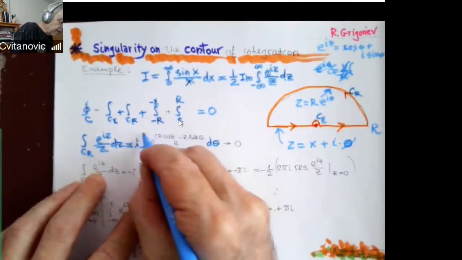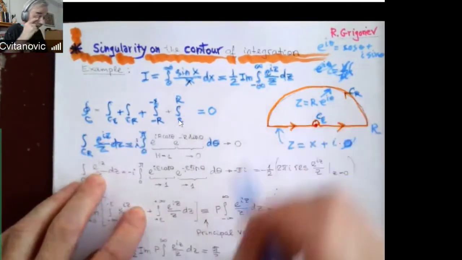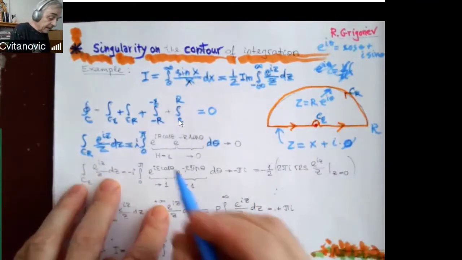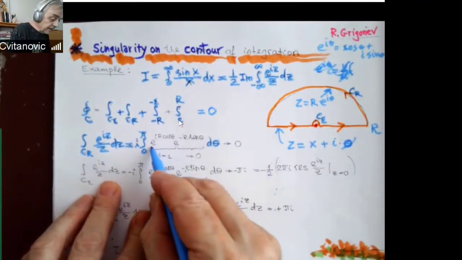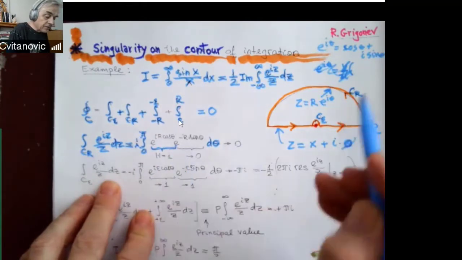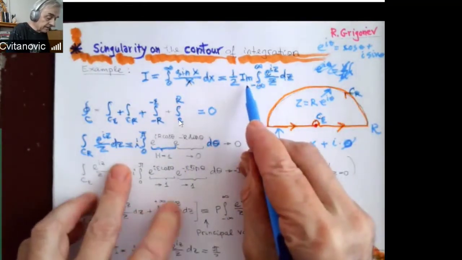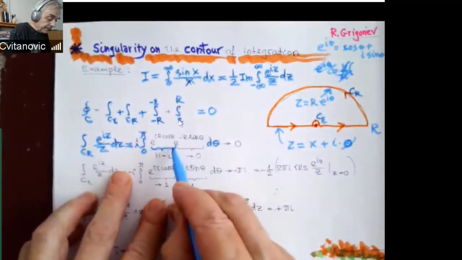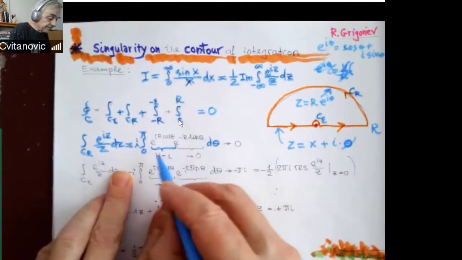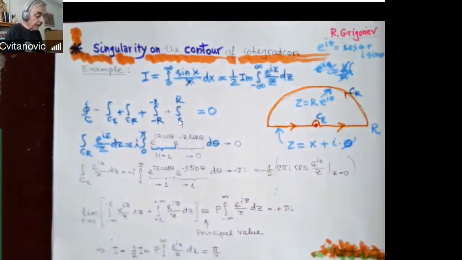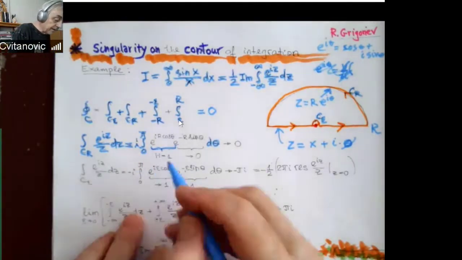And I'm integrating over a half circle in the upper half complex plane. So I will have to take the imaginary part to get my integral. Imaginary part of i times something means that I have to take the real part of what's here.